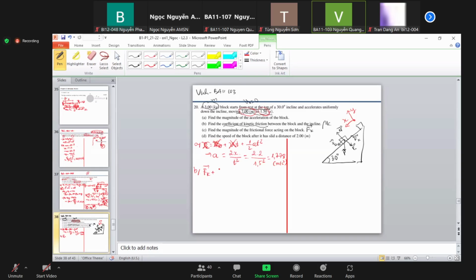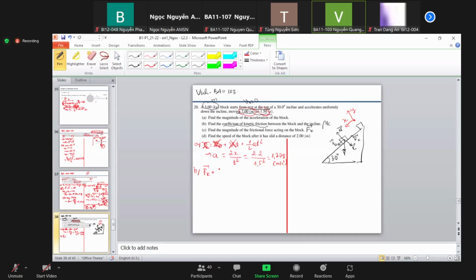And the normal force in this case is just equal to P1 in magnitude. Mu k P1, and P1 equal to P multiplied by cos 30 degrees, mg cosine 30 degrees.